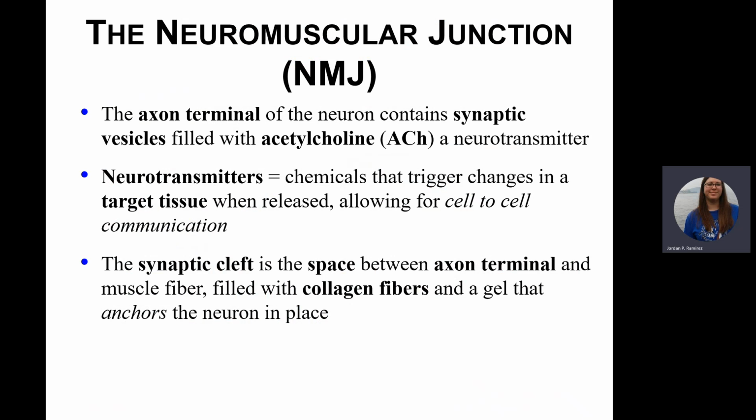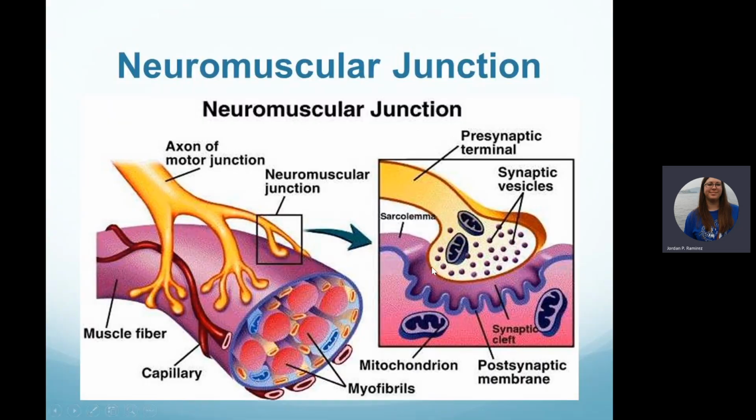Okay, so the axon terminal of the neuron contains synaptic vesicles filled with acetylcholine, abbreviated ACH, which is a neurotransmitter. The axon terminal is essentially this ending portion of the neuron.